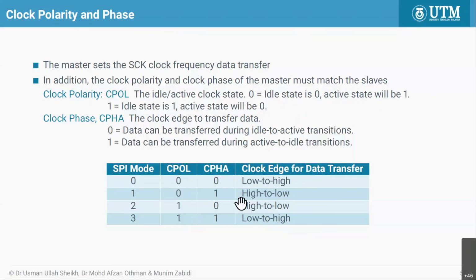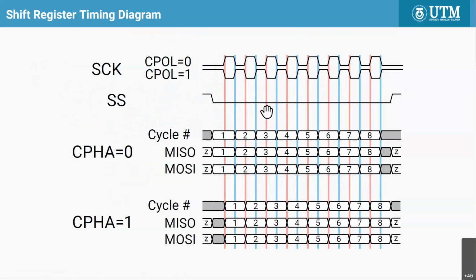So there's a total of 4, and you can see on the right here, there's low to high, high to low, and low to high. So that's the basic. And because of the combination of 4 things, the data transfer can happen either during clock going up or clock going down.